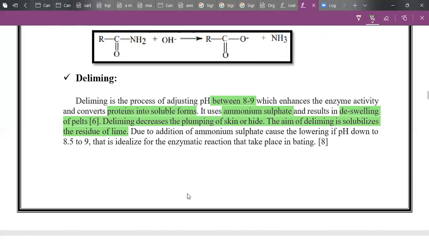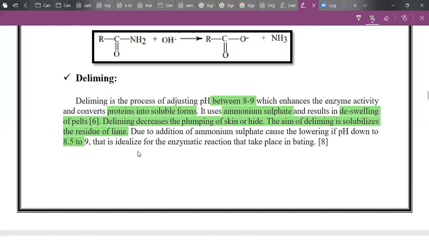As we know, in the liming process, we increase the pH by the addition of lime, but in the deliming process, we decrease the pH to 8 to 9. By this way, the deswelling of the pelt occurs. The addition of ammonium sulfate causes the lowering of pH down to 8 to 9.